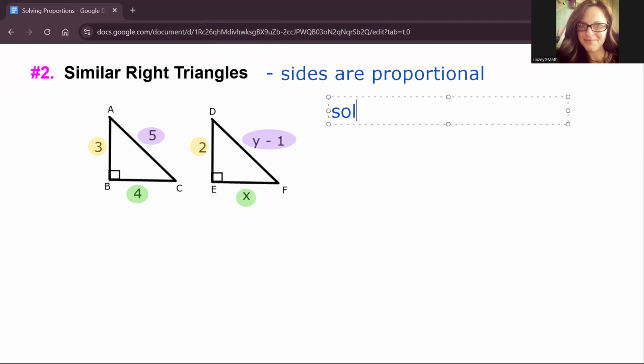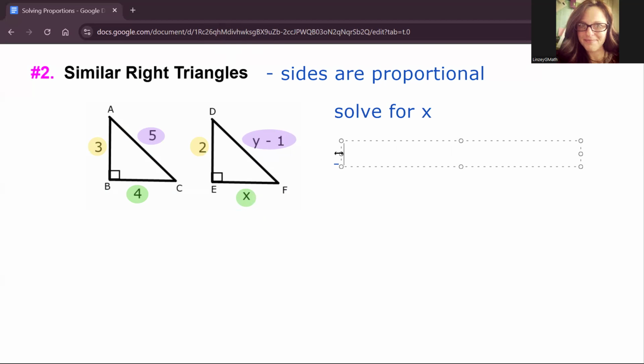Let's solve for x. So we'll put corresponding sides together in our proportion. I'm going to do 3 over 2, corresponding sides, and then 4 over x. Now I started with triangle ABC in the top, so we want to make sure triangle ABC is in the top, DEF in the bottom.